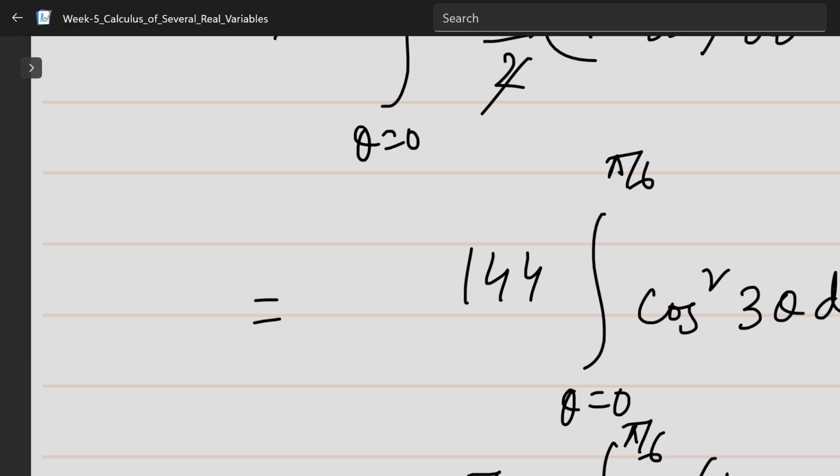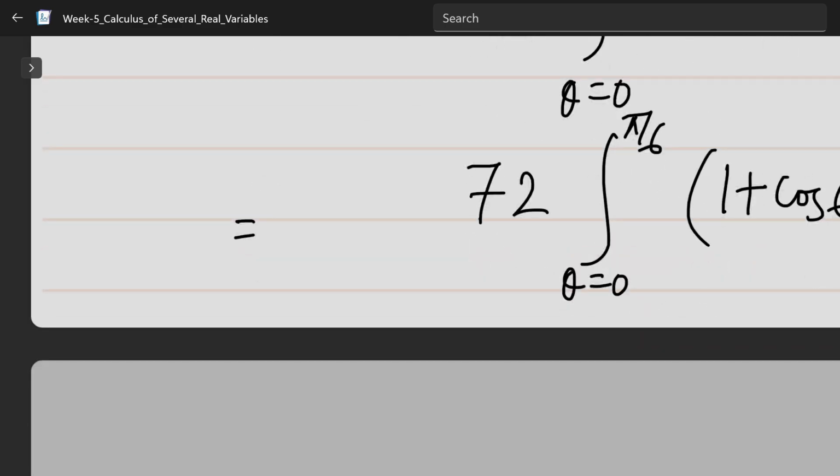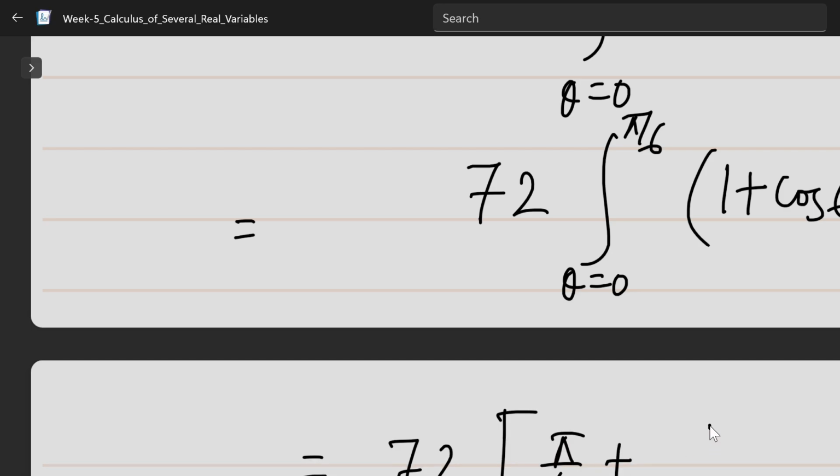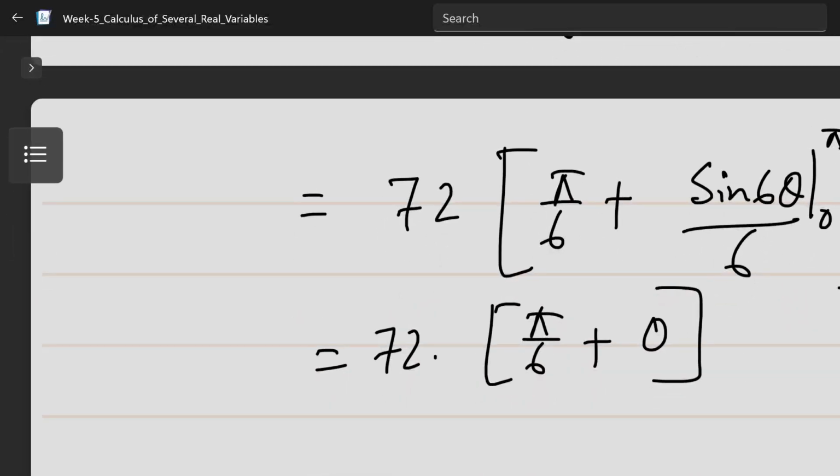I write 72 here because 144 by 2. So it is 72 into theta plus sin 6 theta by 6, from 0 to pi by 6. So it is 72 into pi by 6 plus 0. Sin pi is 0 and sin 0 is 0. So it is 12 pi. This is the answer.